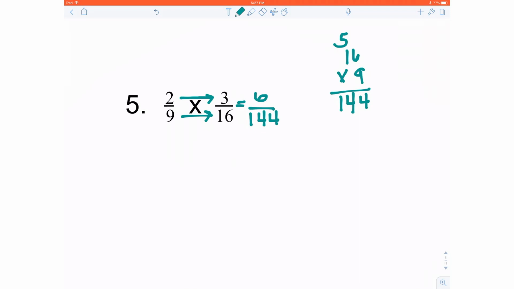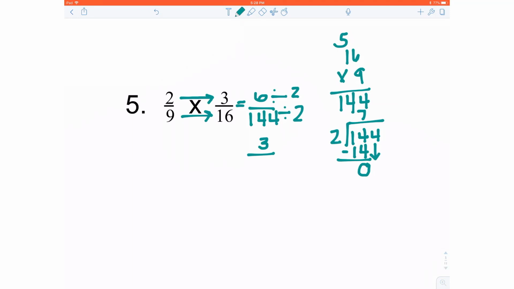Now this number can be simplified. We could divide both the top and the bottom by 2. So let's give that a try. 6 divided by 2 is 3, and 144 divided by 2. Once again, not so obvious, so let's go ahead and work it out. 2 goes into 14 7 times. 2 times 7 is 14. 14 minus 14 is 0.